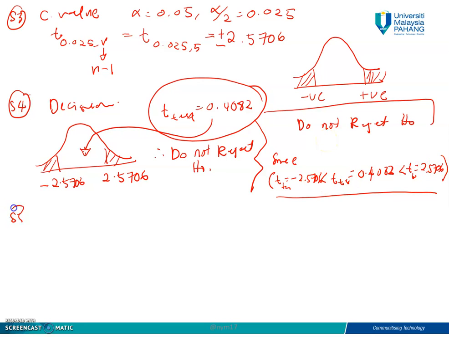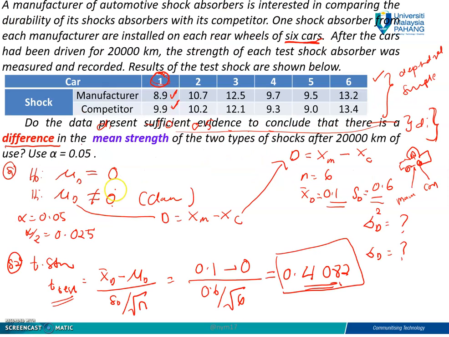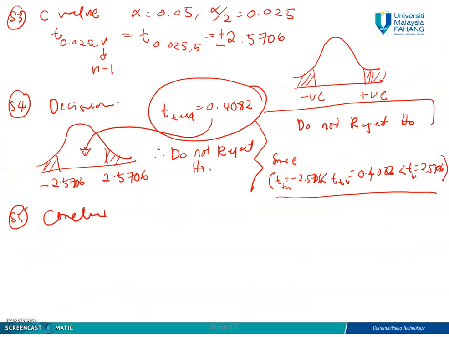Now step number 5, the conclusion. If you look here, do not reject H null. Look back at step 1. Do not reject H null means you accept H null. You reject H1. You reject your claim. So important here, at alpha 0.05, we have insufficient evidence, not enough evidence or not enough proof.